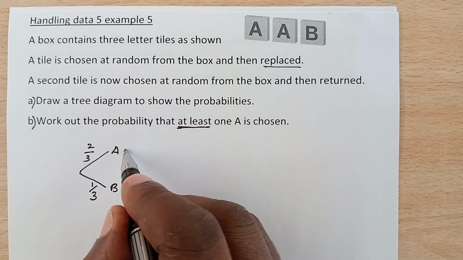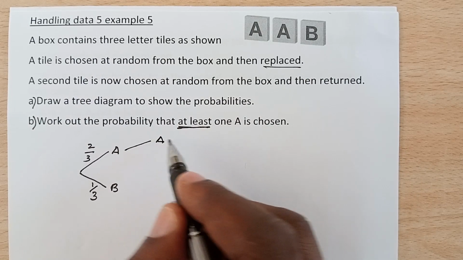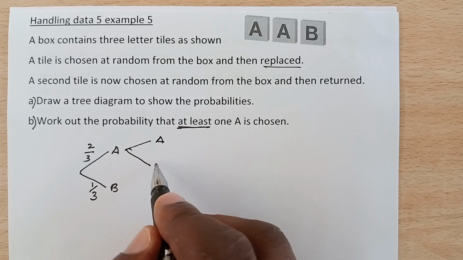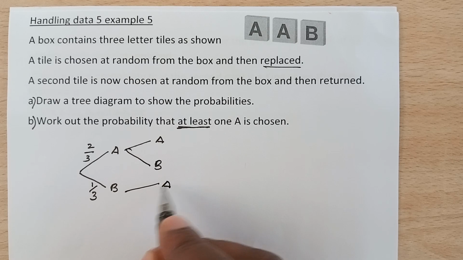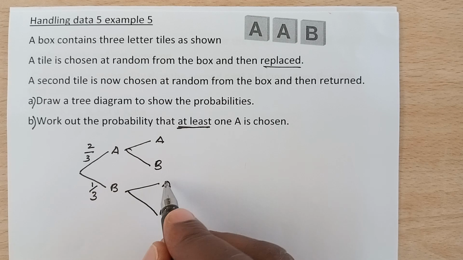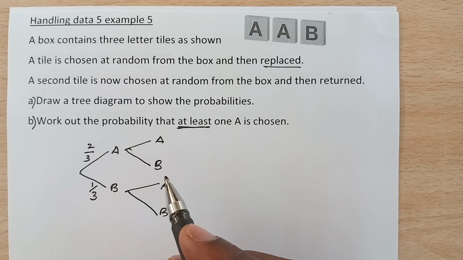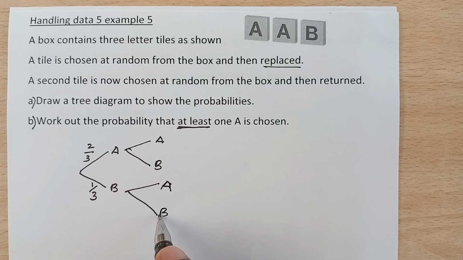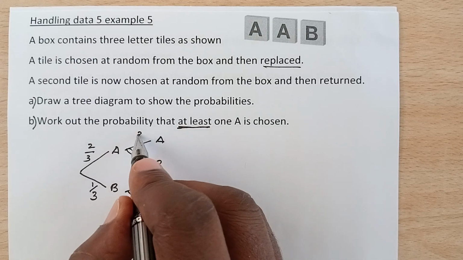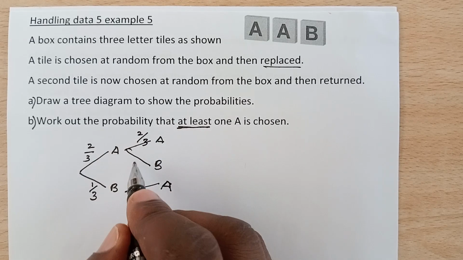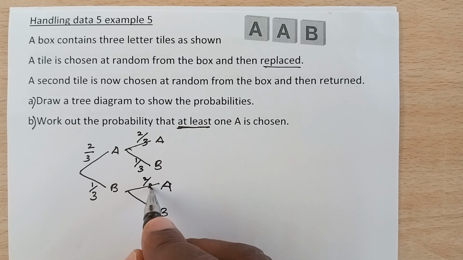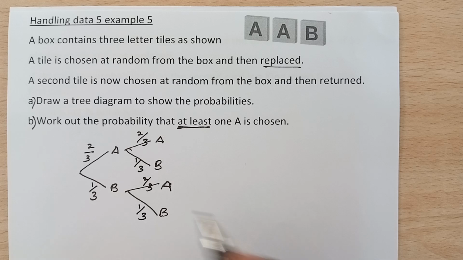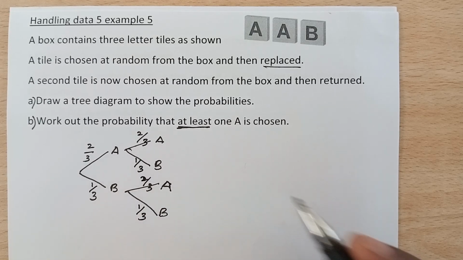So we are likely to go for the second picking and this time also get an A or a B. And after picking B, we can get an A or B. So since the tiles were not altered, we still have 2 out of the total 3 of A, 1 out of the total 3 of B, 2 out of the total 3 of A, 1 out of the total 3 of B. And that's what we have.